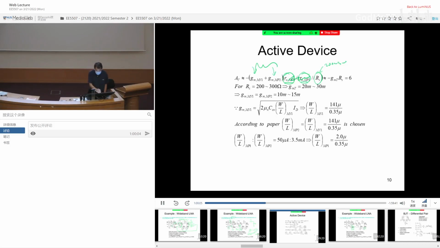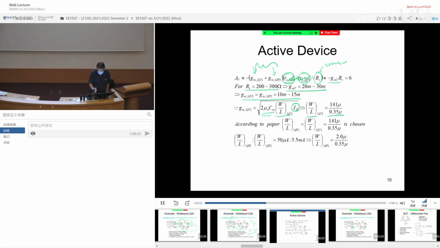Okay? And therefore, you lump gmN and gmP together to become gmT. And you know already your target. I want to get a gain of 6. So from there, with the RX of 200 to 300, I can get gmT of 20 to 30 milli. And therefore, PMOS and NMOS should be around 10 to 15 milli. So based on this understanding, I work backward. I already know what current to assign. I know the mu n Cox.